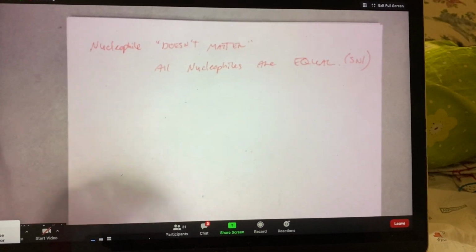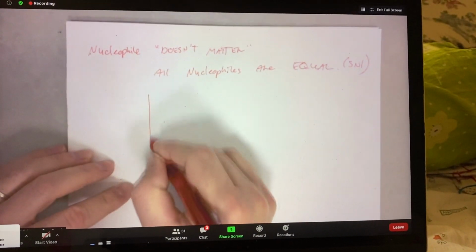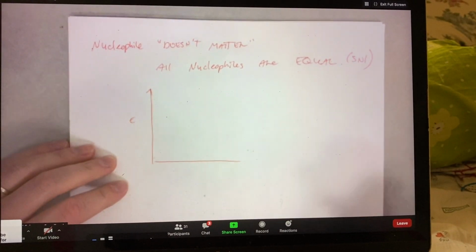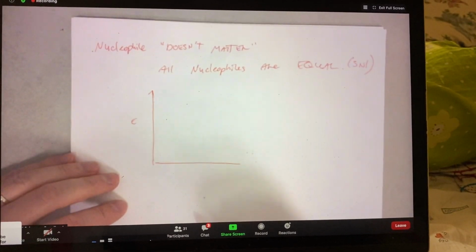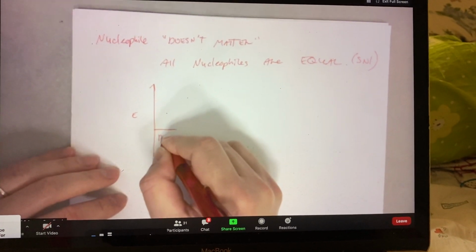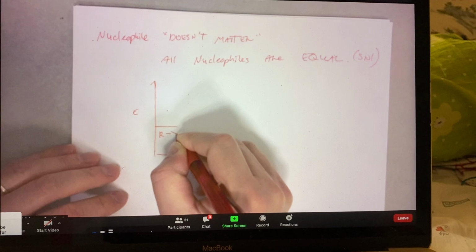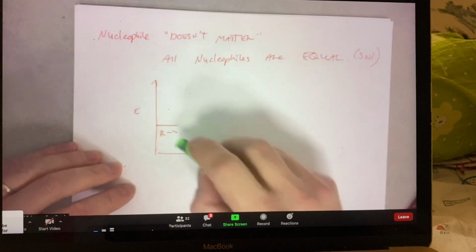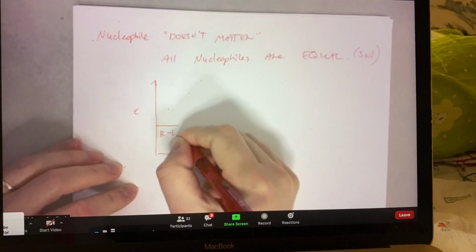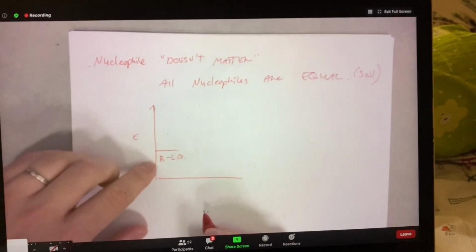But this is different now. We have an SN1 reaction, and the reaction proceeds by a different energetic pathway where we have our substrate, and I'm just going to call this a leaving group. I'll call it R and LG, and R will be like our tertiary carbon.